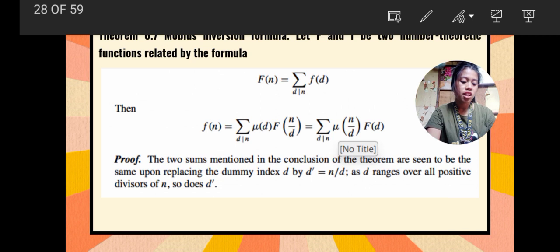Consider that d is a divisor of n, and d' is also a divisor of n. Prove that the two sums mentioned in the conclusion of the theorem are seen to be the same upon replacing the dummy index d by d' = n/d. As d ranges over all positive divisors of n, so does d'.